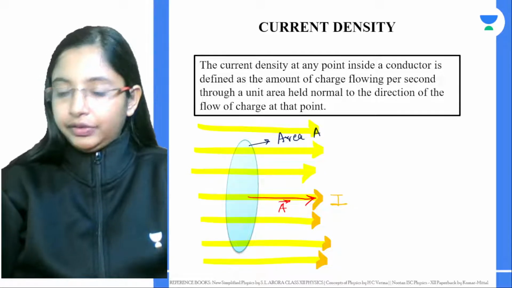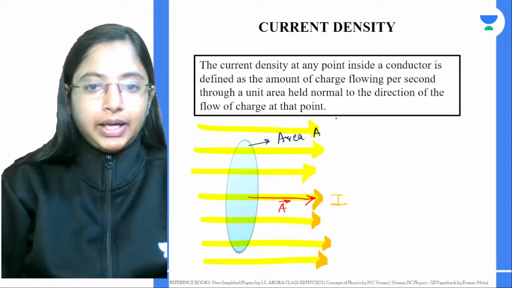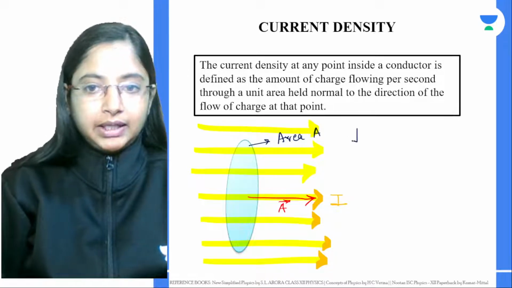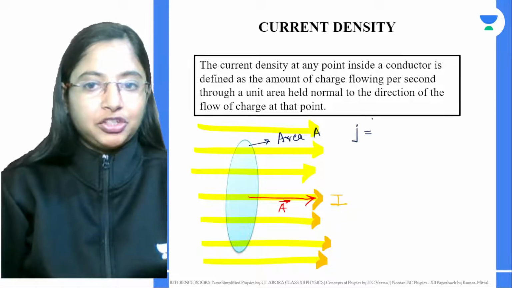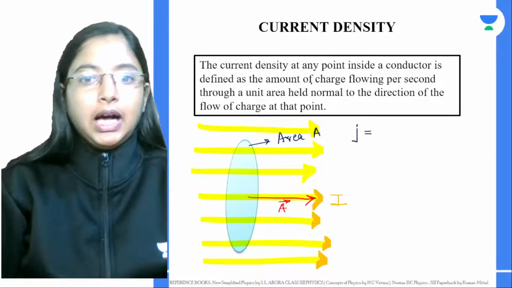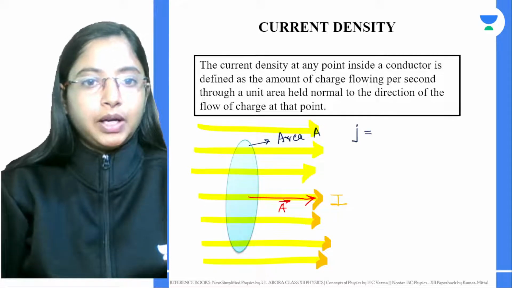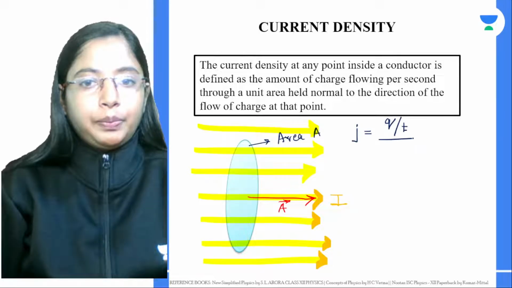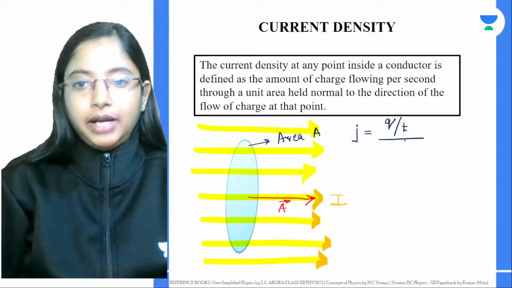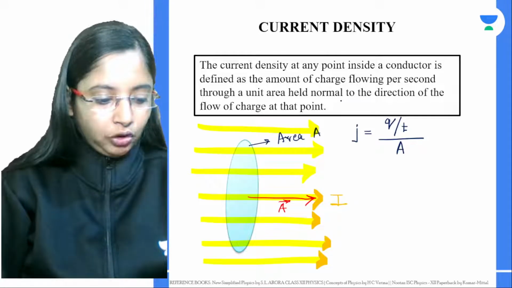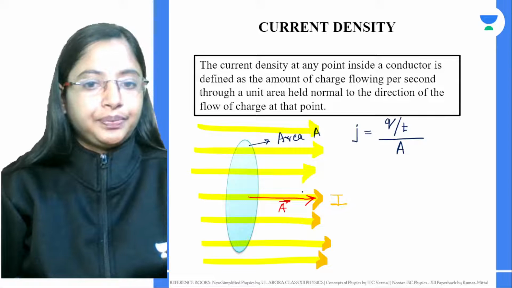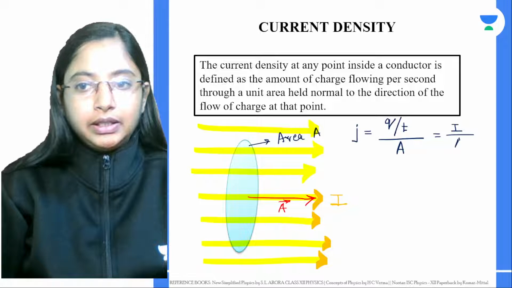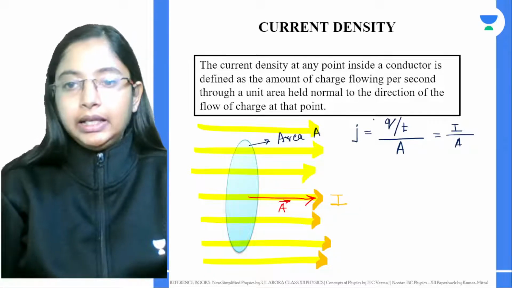So current density is given by J, and this J is given by how much charge is flowing per second, that is Q by T, through a unit area held normal to the direction of the flow of charge. So the rate of flow of charge per second gives you current by area.